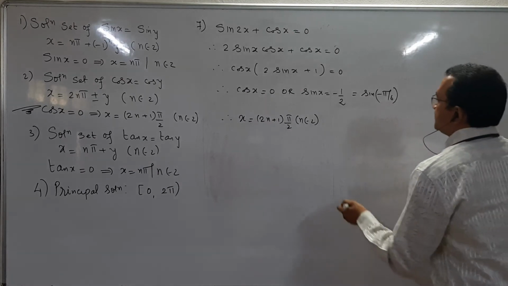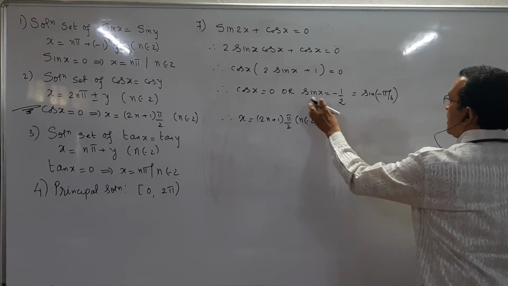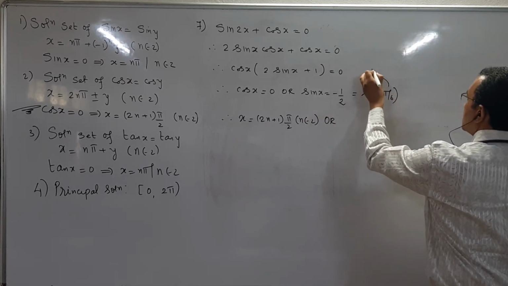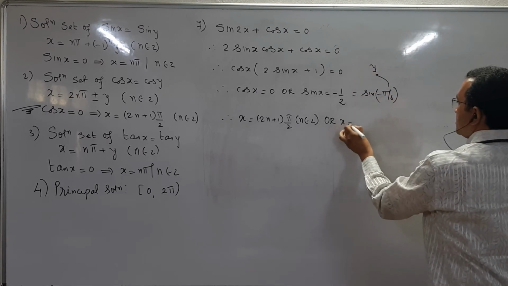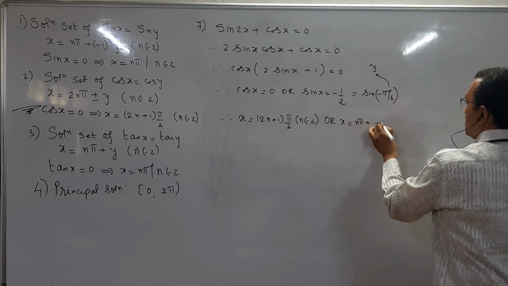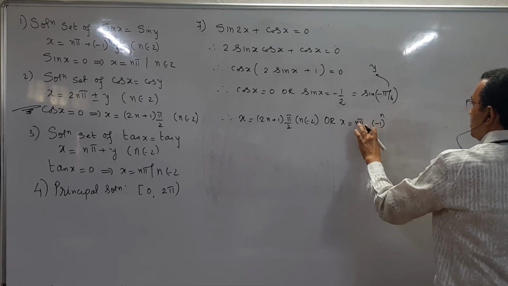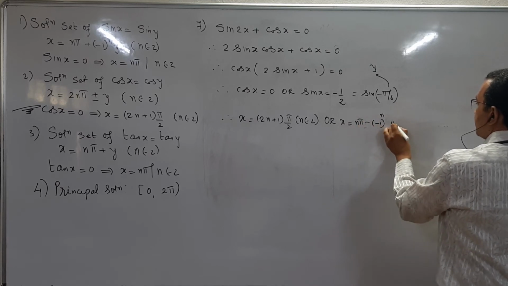So apply the formula sin x is equal to sin y. So x is equal to nπ plus minus 1 raised to n into y. y has a negative sign.